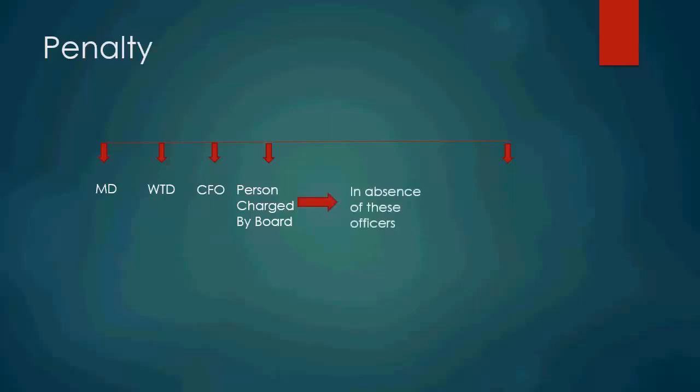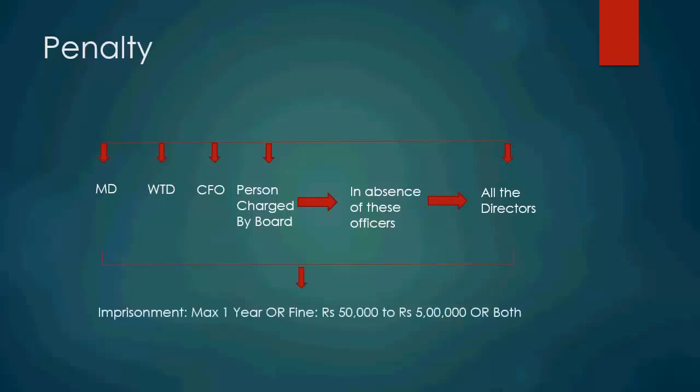And if all of these officers, the MD, WTD, CFO and the person in charge, are absent, then the responsibility vests with all other directors of the company, right? And if they are at fault, then they will be penalized with imprisonment which may extend to a maximum of 1 year, or they may be penalized with a monetary fine which will range between 50,000 and 5 lakh rupees, or even both may be applicable to the person in default.